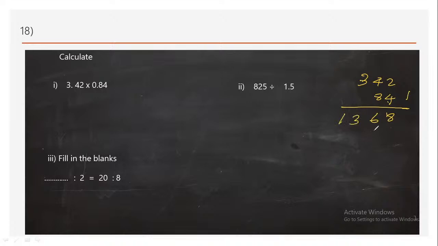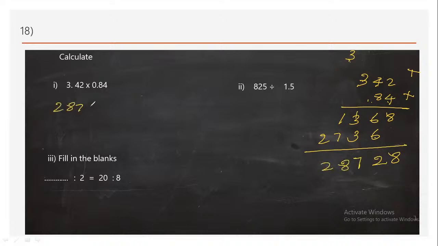Next one, 8 times 2, 16, 1 remainder. 8 times 4, 32 and 1, 33. 3 remainder. 8 times 3, 24 and 3, 27. 287 28.